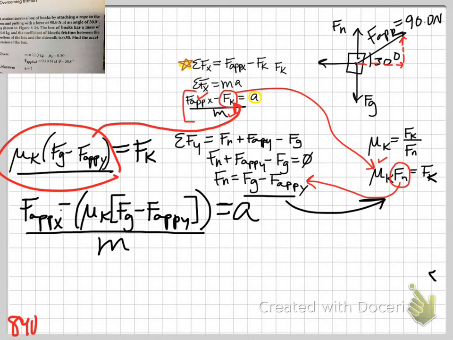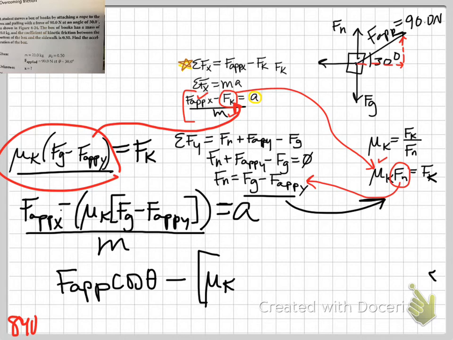I'm going to admit that right off. So let's go through and see what else we need to do here. So f applied x is equal to f applied cosine theta minus quantity, this is mu k, times, and I'm doing double brackets. You could distribute that mu k.